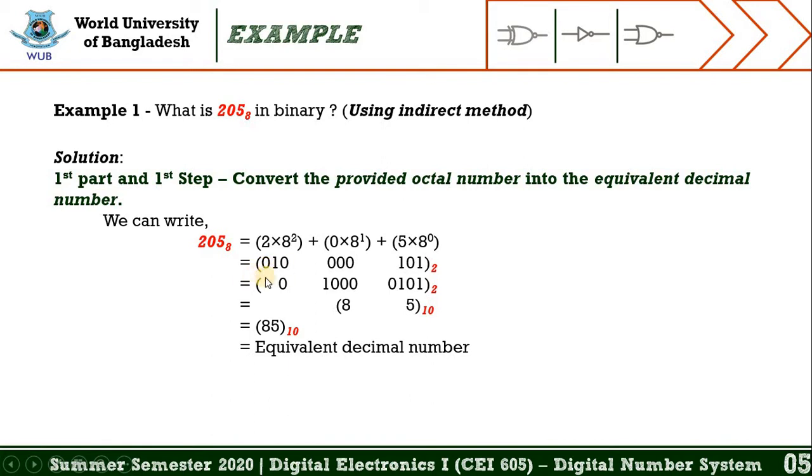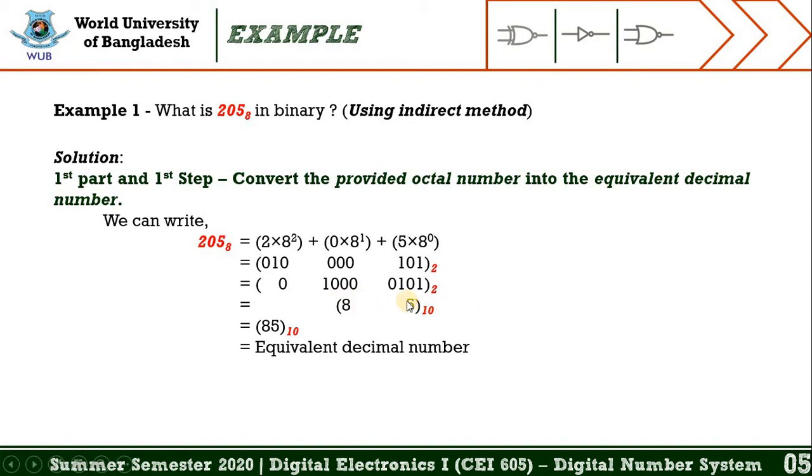The equivalent binary number of the octal 2 is 010. The equivalent binary number of the octal 0 is 000, and the equivalent binary number of the octal 5 is 101. If you see the third line of the solution, there are nine digits: 101, 000 and 010, and we are grouping 4 digits in each group.